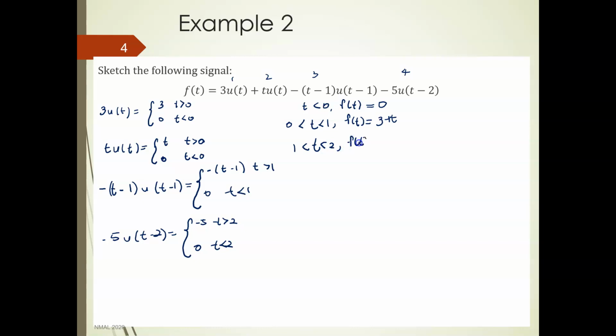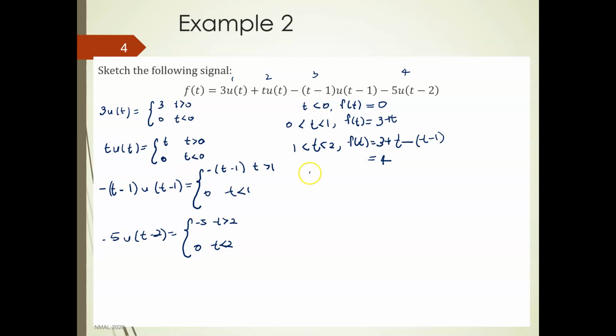So f(t) is equal to 3 plus t minus (t minus 1), which we take from the function here. Don't leave it like that; you can solve this. The t cancels away, and 3 minus minus 1 is equal to 4.